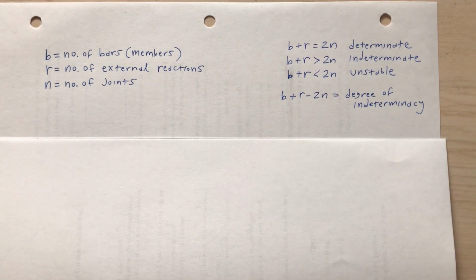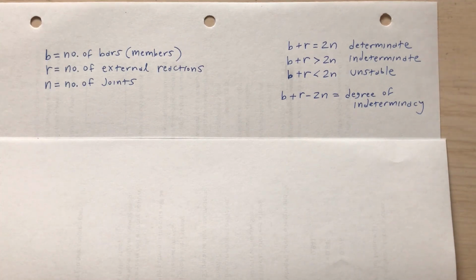Now, going back to being indeterminate, if it is indeterminate, then the degree of indeterminacy is B plus R minus 2N. So that's what you see at the bottom there. Now be careful with these conditions. The first condition and the second condition, determinate and indeterminate, those are necessary, but not sufficient for stability.